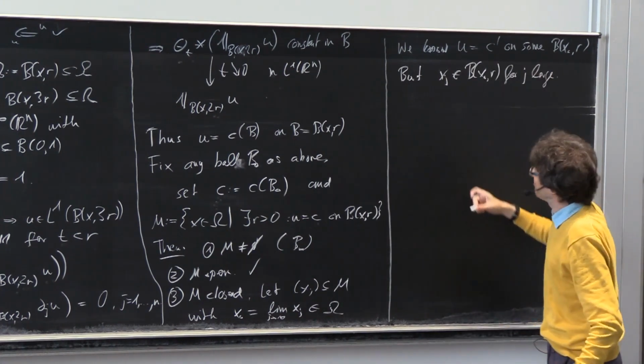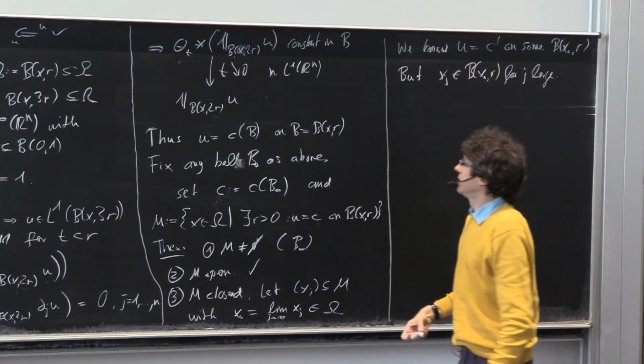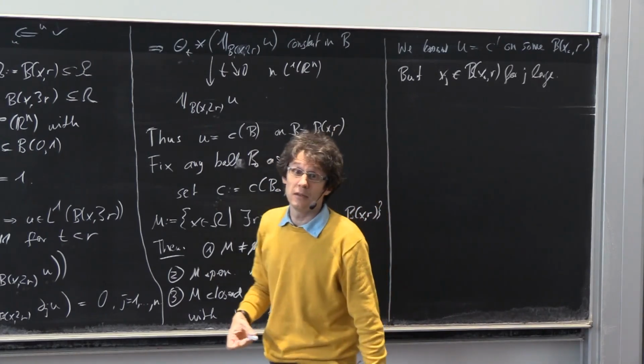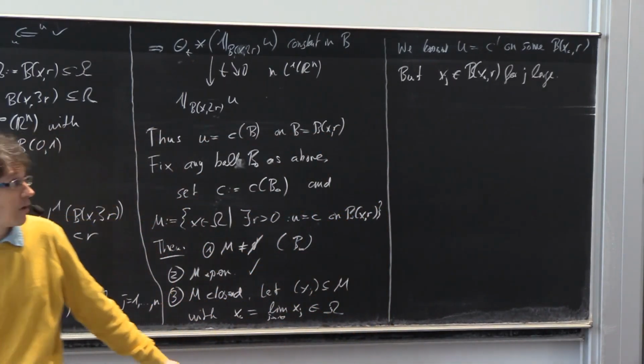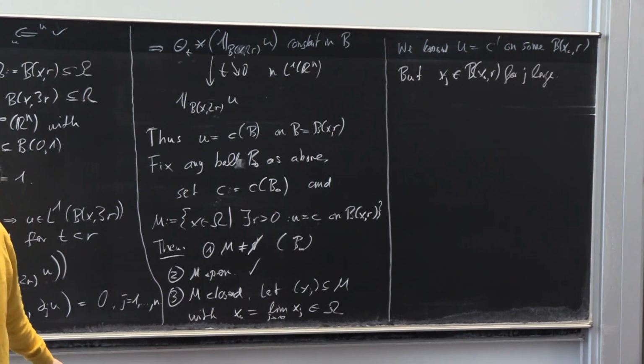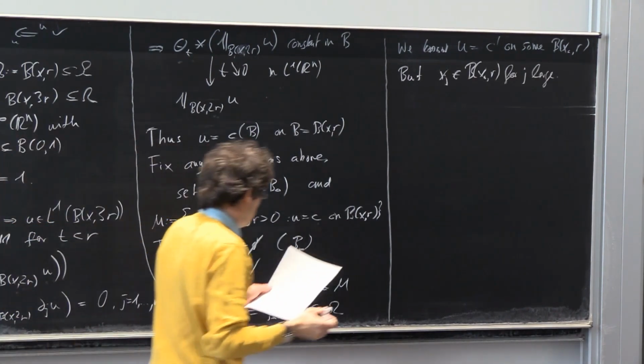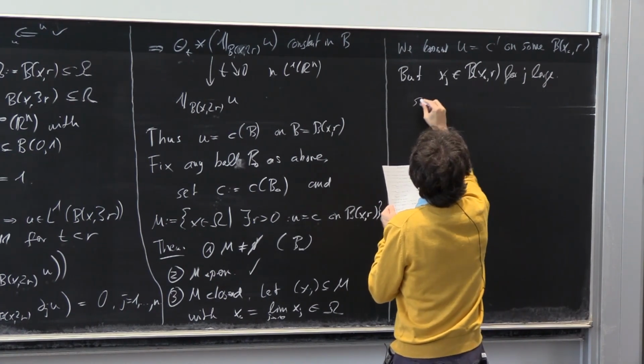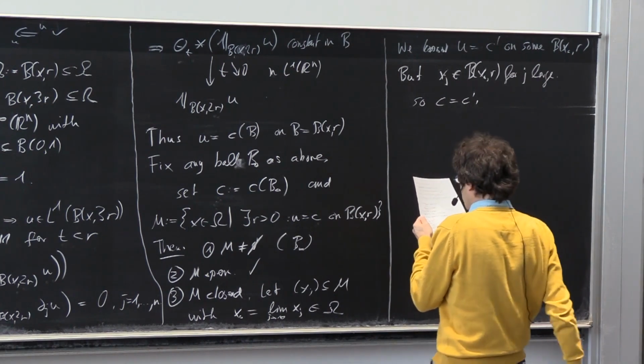Okay, but these xj are in M. So around these xj, there is a ball where the constant is c. Now around xj, there is a ball where the constant is c prime, and there's a ball where the constant is c. So c is c prime.